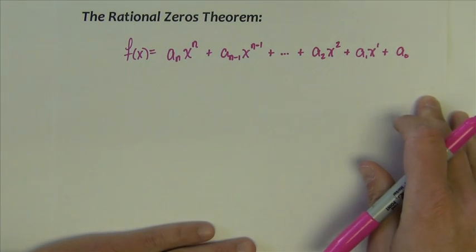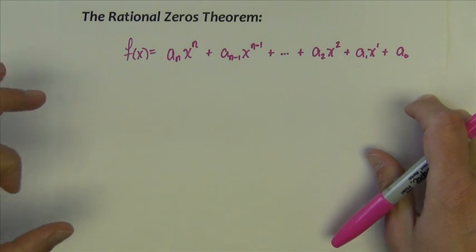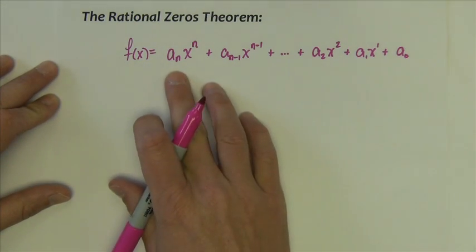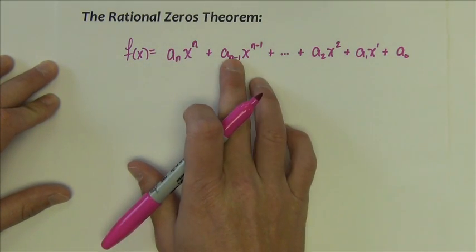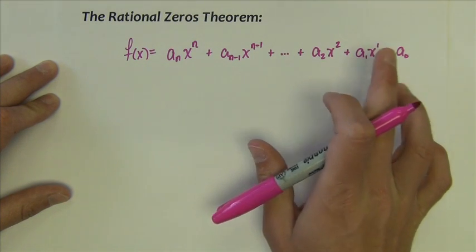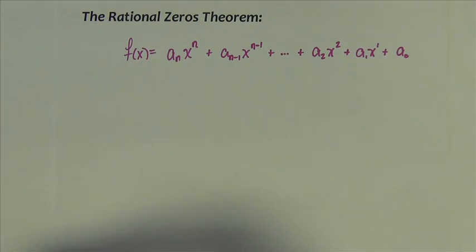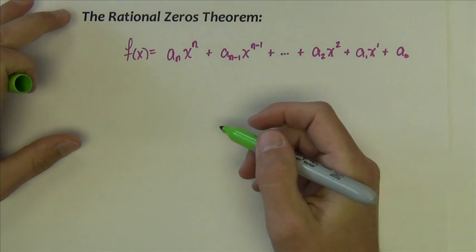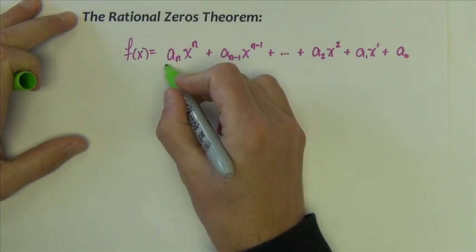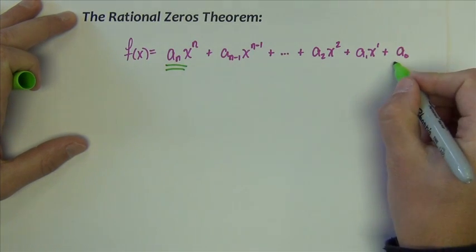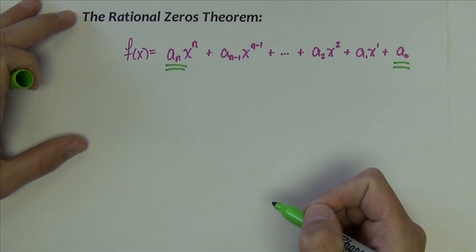So it's just a polynomial function in standard form. Notice highest power here, take one away, continue on down to the lowest powered constant here. To use this rational zeros theorem, we need only look at two parts of this function: the highest powered term and the constant term.